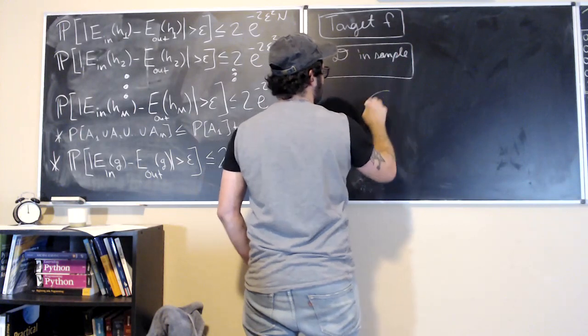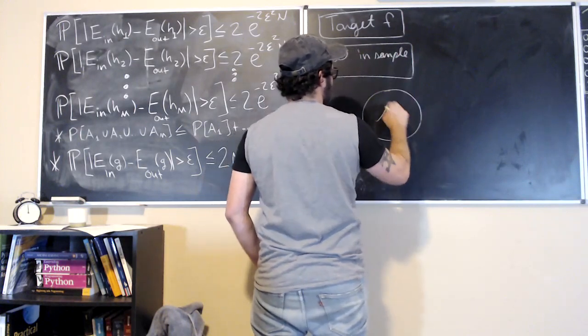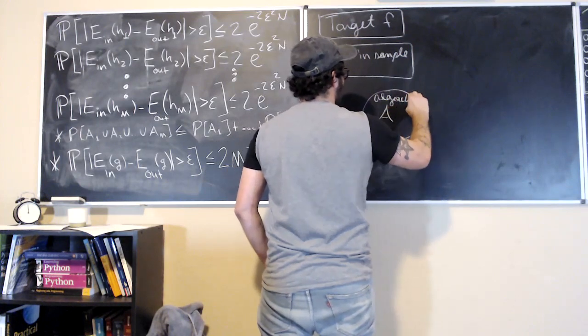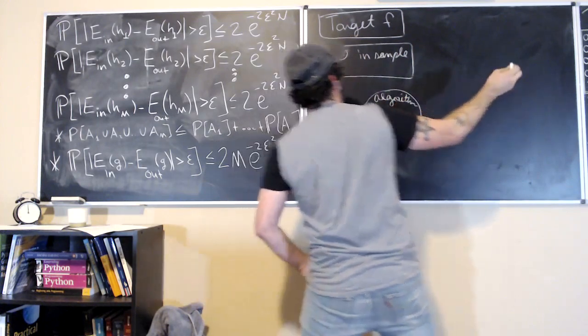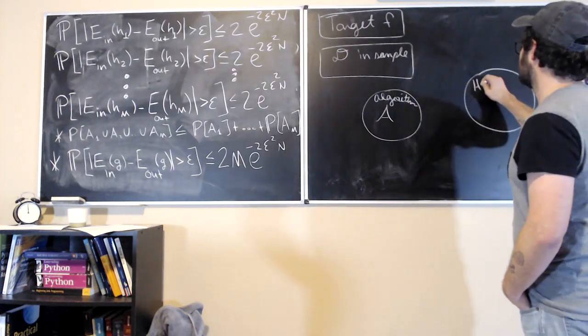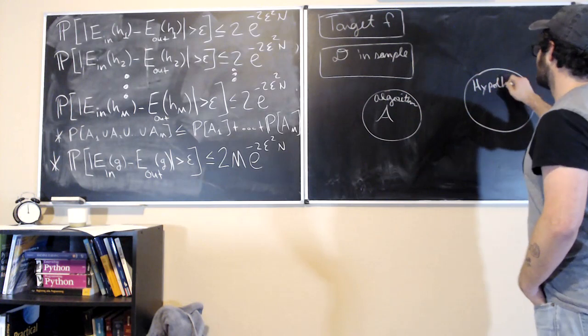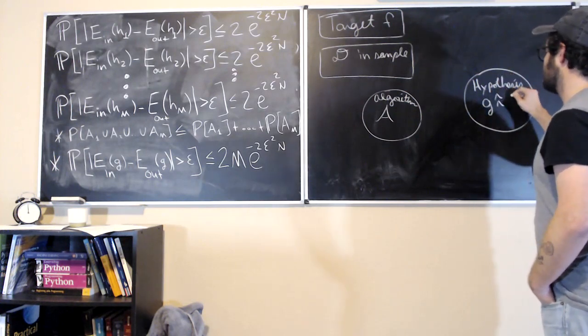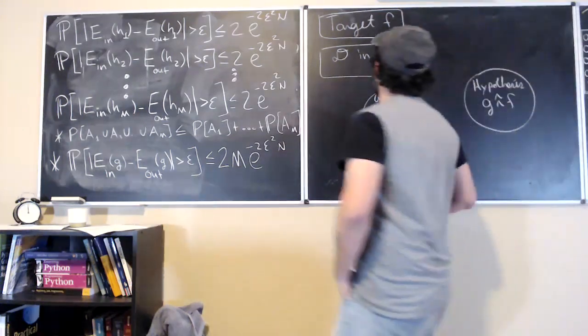And then we have a collection of algorithms A. We have our final hypothesis g, which is supposed to approximate f.